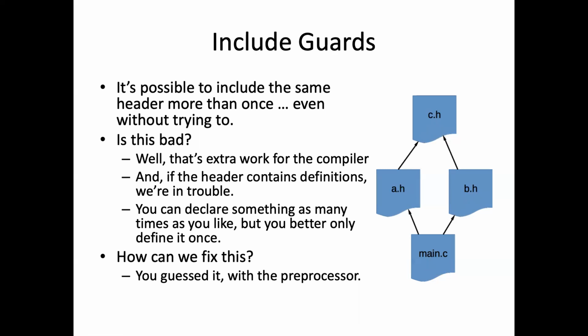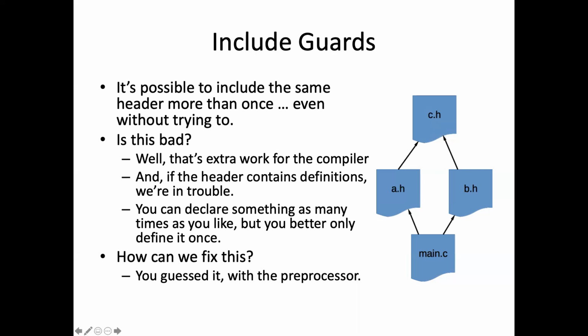Is that bad? Well, it's bad for some things. It depends on what's in c.h. The compiler doesn't care if it sees the same prototype twice. It doesn't care if it sees the same extern definition twice, as long as they agree. But it doesn't like to see the same type definition twice.